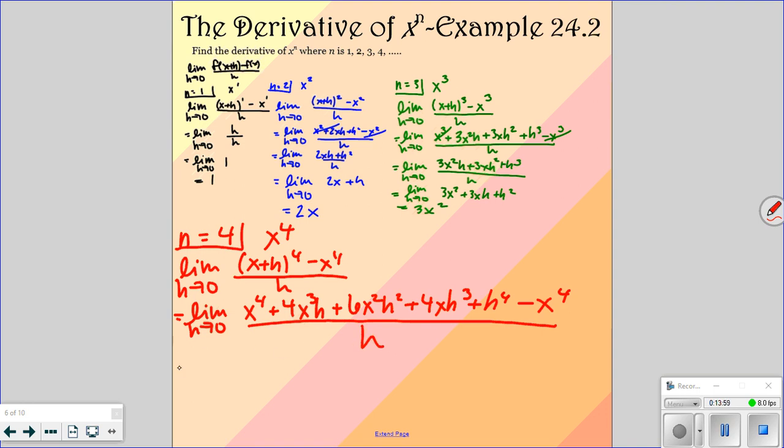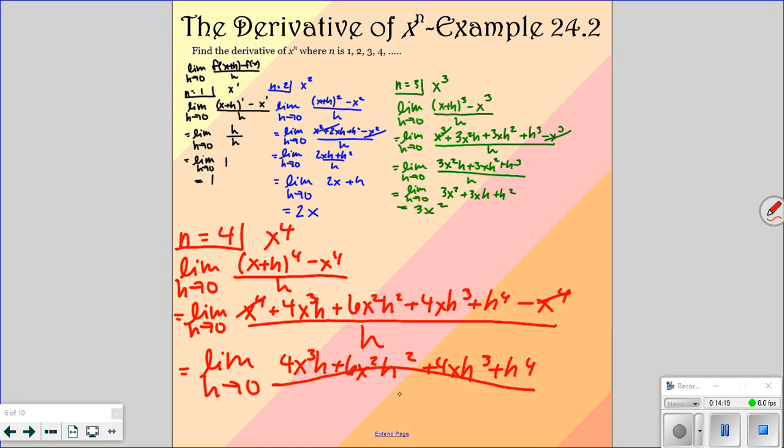And then from there, your x to the 4th will cancel. And so you'll have the limit as h approaches 0, 4x cubed h plus 6x squared h squared plus 4xh cubed plus h to the 4th over h.